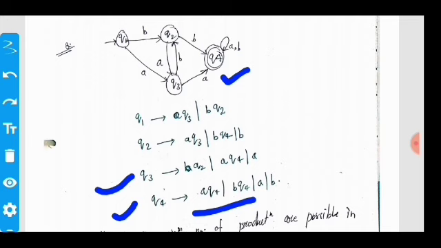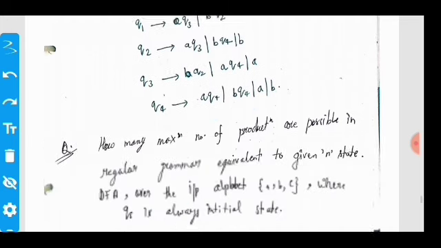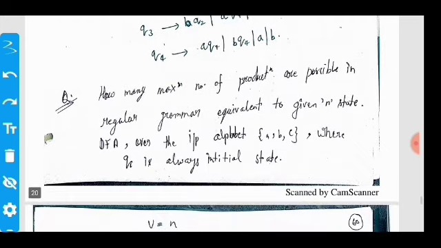Now move on to the next question. How many maximum productions are possible in the regular grammar equivalent to a given n-state DFA over the input alphabet a, b, c, where Q1 is always the initial state?